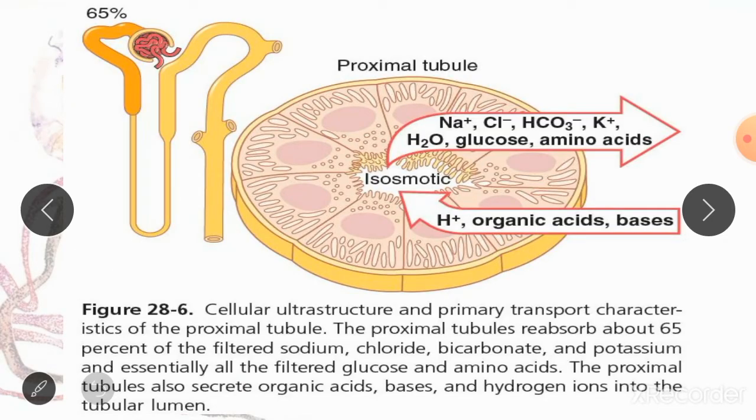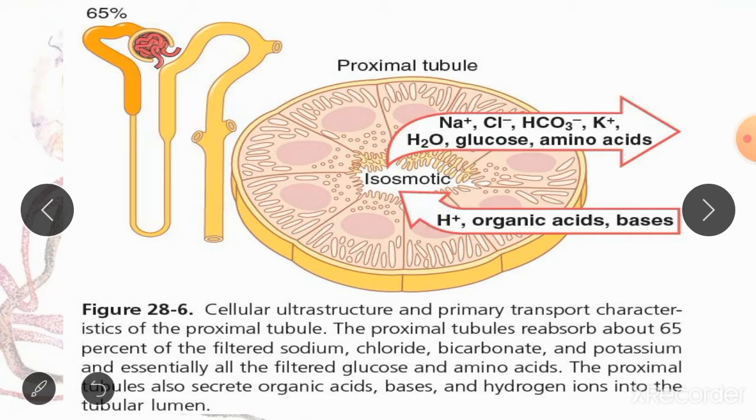Here is a figure showing the proximal convoluted tubule, with a percentage showing 65% reabsorption of sodium. Sodium is actively reabsorbed, and there is primary active and secondary active transport. In secondary active transport there is co-transport along with glucose and amino acids, and there is antiport with hydrogen ions and potassium ions.